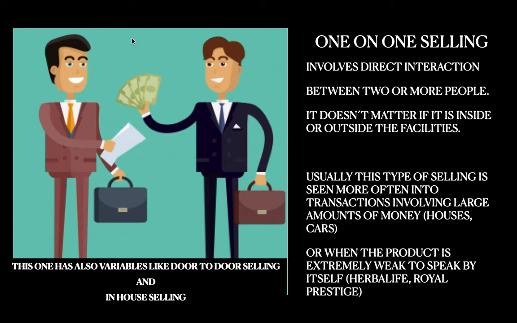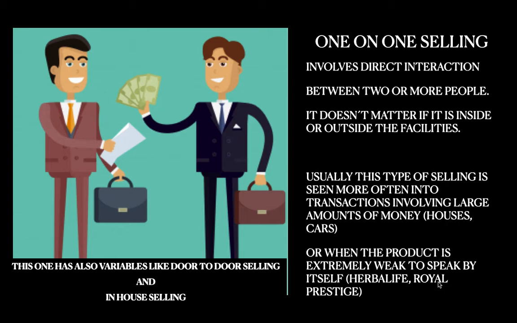Okay? And now, the other scenario in which we're going to be using one-on-one selling is when the product is extremely weak to speak by itself. We have some cases in here like Herbalife and Royal Prestige.